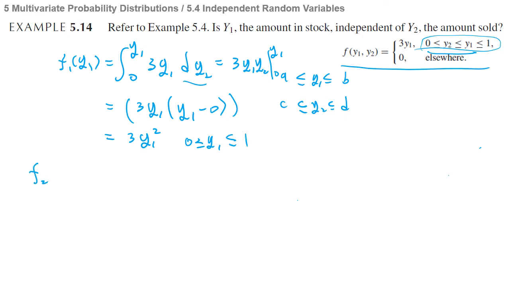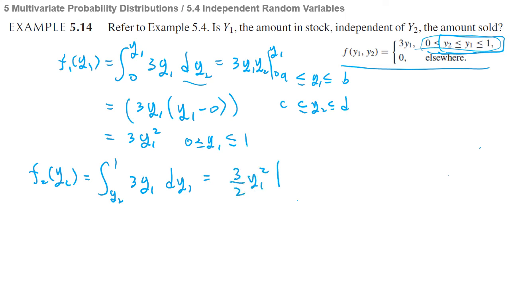And what about f2(y2)? Here we are integrating with respect to y1 this time, and the range of y1 is from y2 to 1. So from y2 to 1 of 3y1, integrating with respect to y1, gives 3 over 2 y1 squared evaluated from y2 to 1.